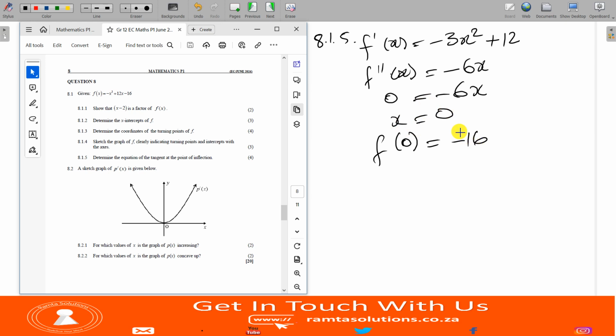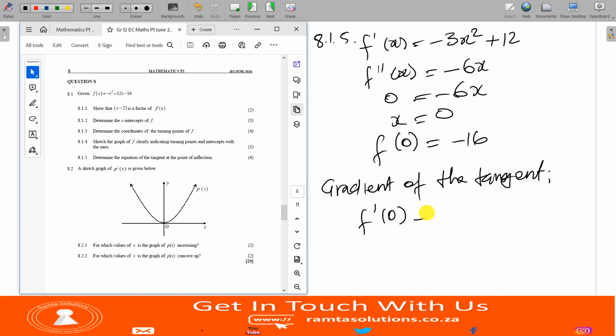But you don't know the gradient of the tangent. So now let's find the gradient of the tangent. Remember, the gradient of the tangent is the gradient at a point. What is the gradient at a point? It is the first derivative at that point, which was 0. So what is it?